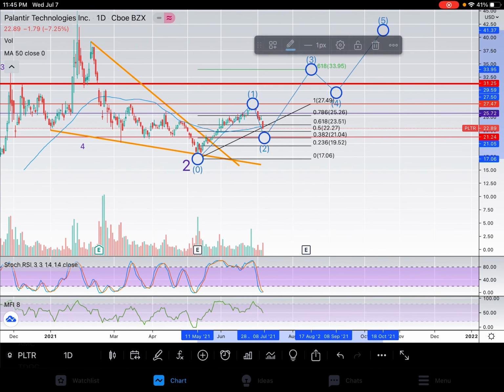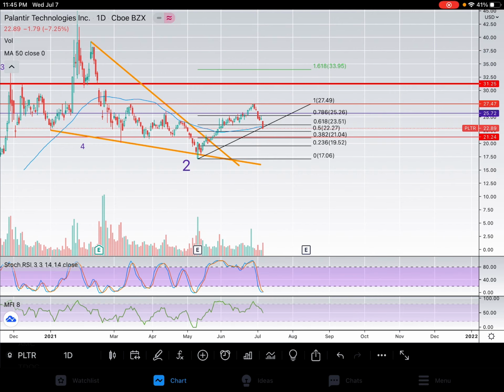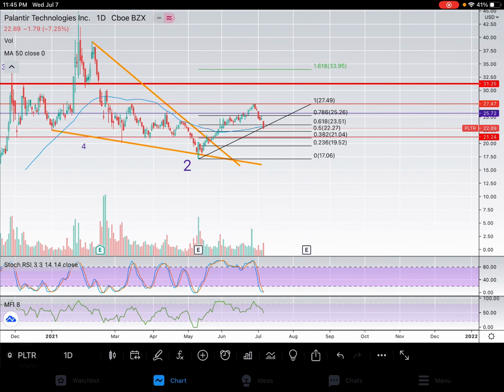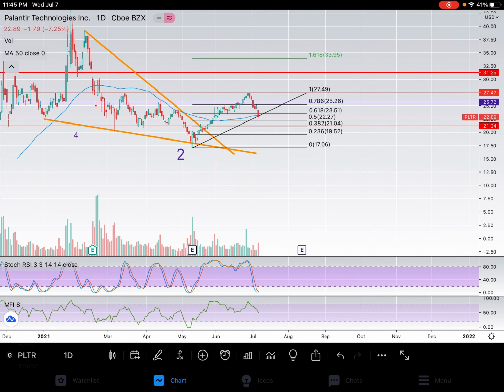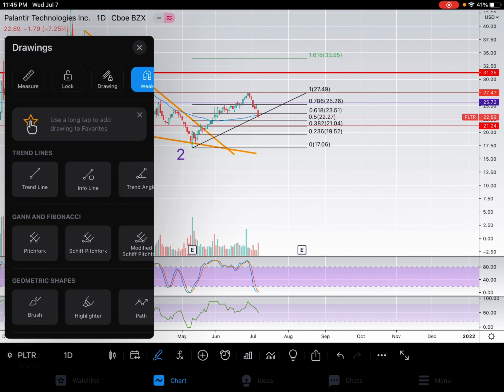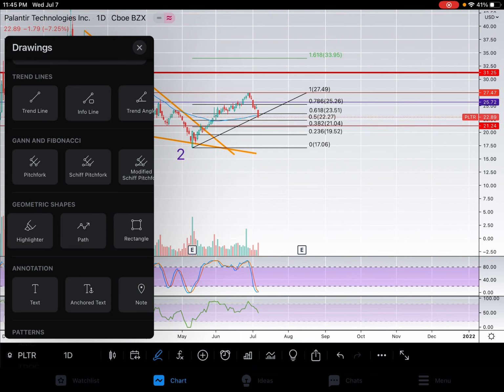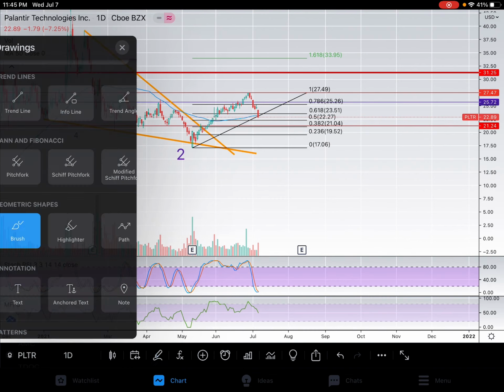Another thing you can look at if you don't want to look at wave structure is a pattern that's really bullish with most traders called the inverse head and shoulders. Let me see if I can find a brush here.